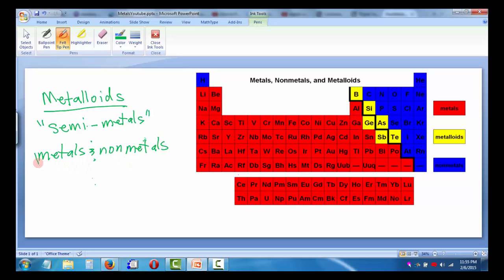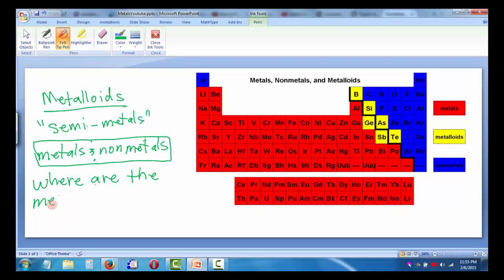Now, where are the metalloids on the periodic table?